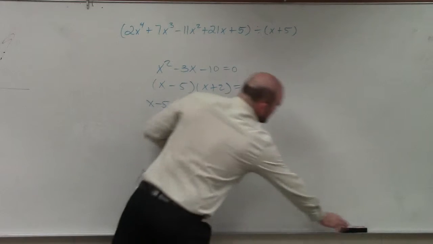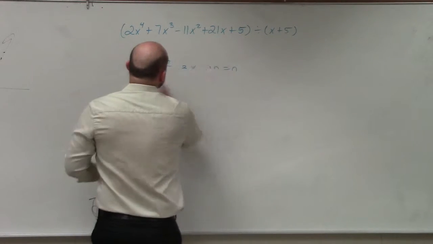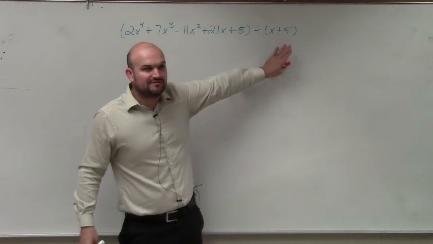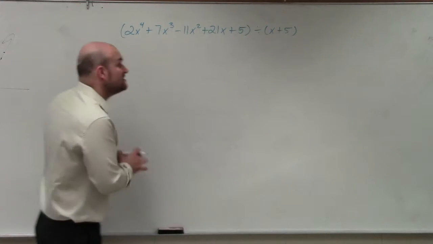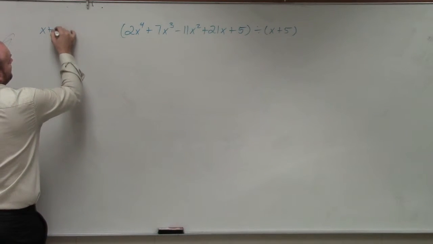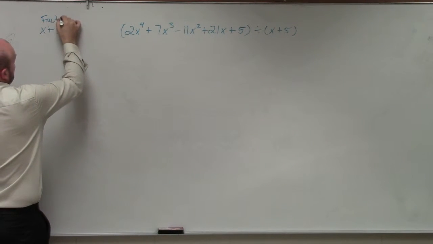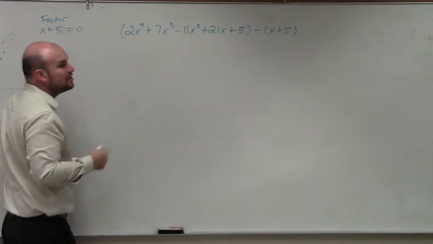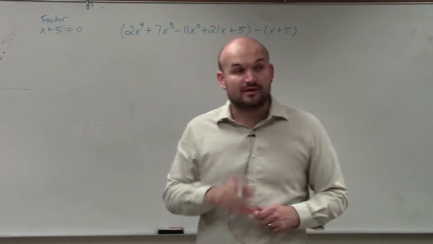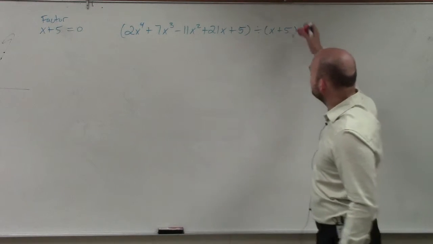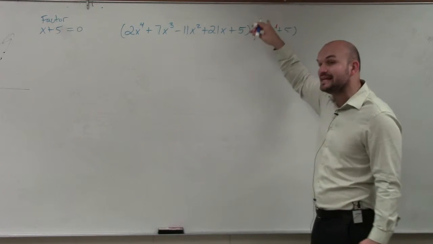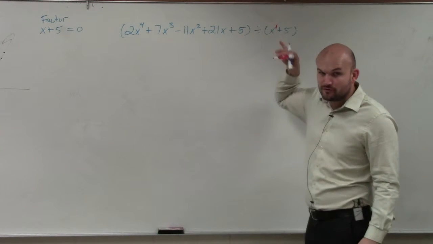And all I want you guys to understand is when you're doing synthetic division, we don't want to use our factor as our divisor. We're going to be using the 0. So all you're simply going to do is take your factor and set it equal to 0. So whatever your divisor is, you're going to set it equal to 0. Now the important thing is we only can use synthetic division when our divisor is linear, meaning that it's raised to the first power.